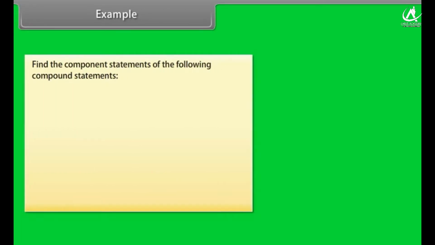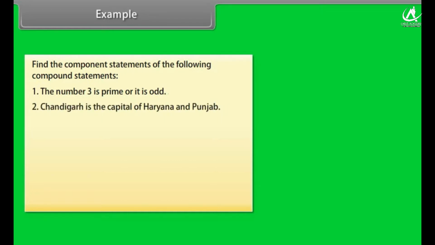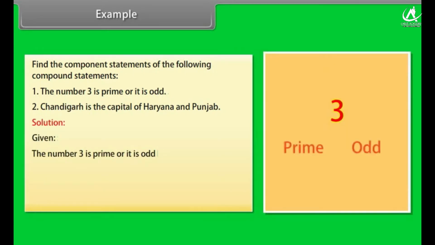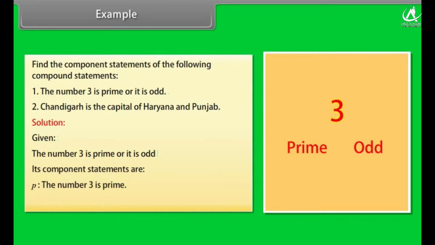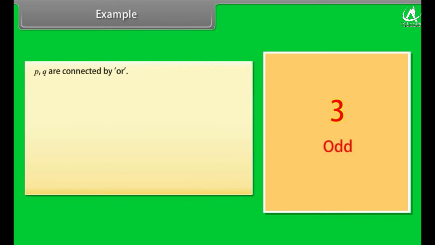Example: find the component statements of the following compound statements. The number 3 is prime or it is odd. Chandigarh is the capital of Haryana and Punjab. Solution: given the number 3 is prime or it is odd, its component statements are: p is a statement that the number 3 is prime. q is a statement that the number 3 is odd. p and q are connected by or.